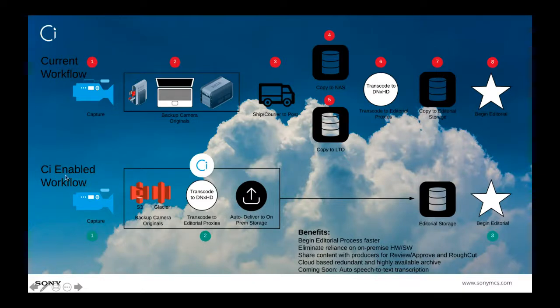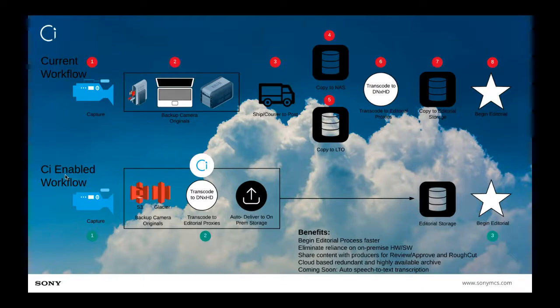When you look at when C enables that workflow, you've got capture on the camera, you've got the ability to upload that content directly to C to be stored so that content's readily available, whether you're pulling it off the card or you're automatically uploading proxy right from the camera to C. You can transcode said input out to whatever your editorial format's going to be, and you can then begin to pull that down on-prem for editorial storage, use cloud-based workstations with it for editorial workflows, and you're now getting a jump start in that editorial.